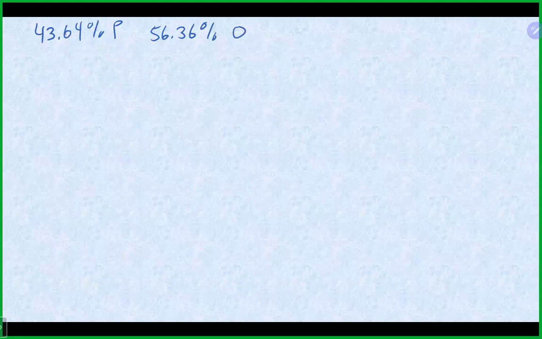we know we have 43.64% phosphorus and 56.36% oxygen. And we know the molar mass of the compound we're looking for is 283.89 grams per mole. Because this is the percent composition of each element present, you could convert your percentages into decimals, divide by 100, or just move the decimal place, whichever way you want to do it.